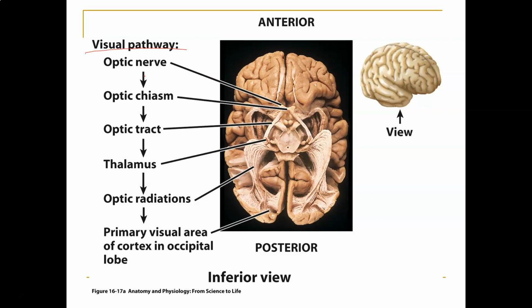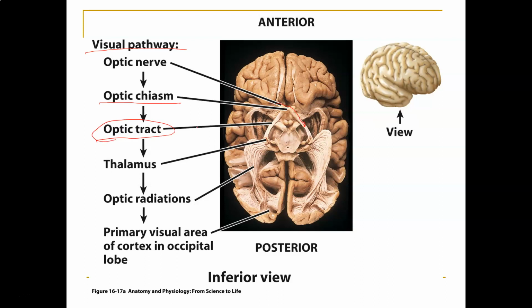So here we'll just follow it along. From the optic nerve, the impulses leave your eye, they cross over at the optic chiasm, or most of them anyway, and then they continue on along the optic tract.